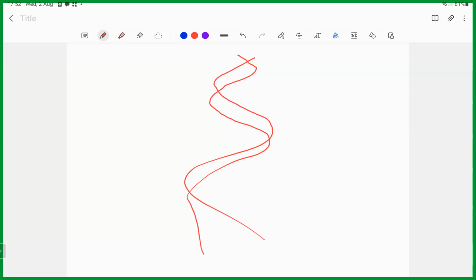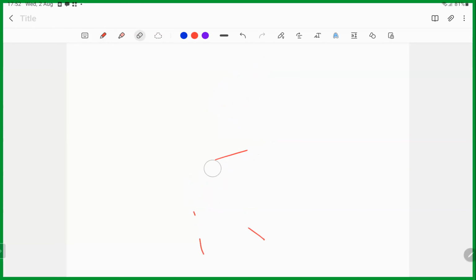I'll make it a little bigger, just for your clarification. This is one star, and it comes like this.